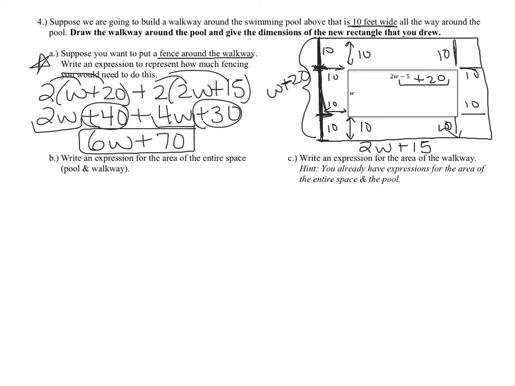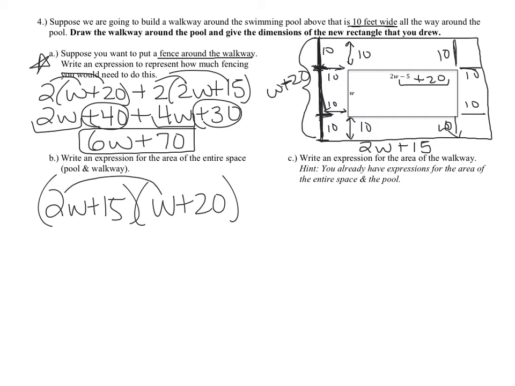All right, so now B. Write an expression for the area of the entire space, pool and walkway. So what I'm talking about is the area of all of this. Well, if you think this is just a whole big rectangle, we're just going to do length times width. And since the length is 2W plus 15, and the width is W plus 20, we're just going to multiply.